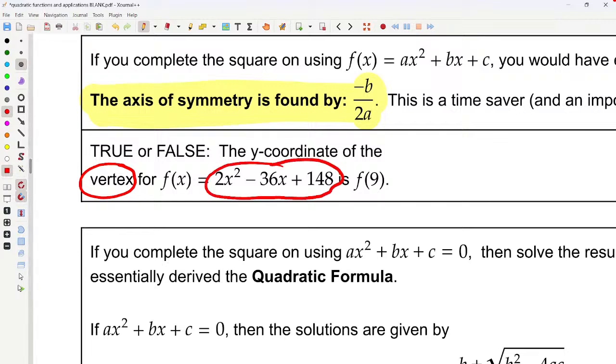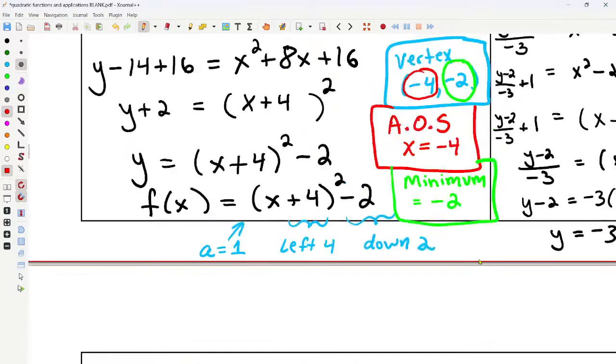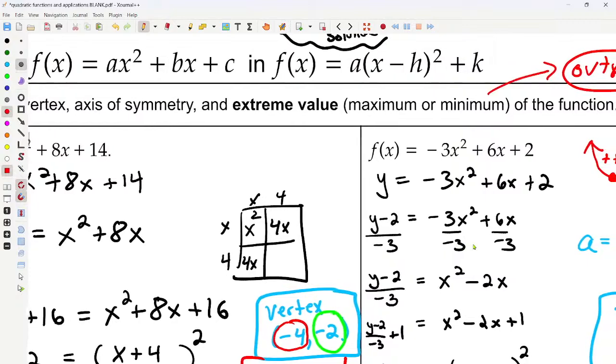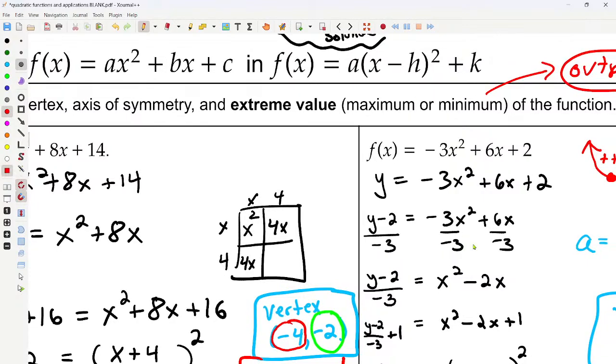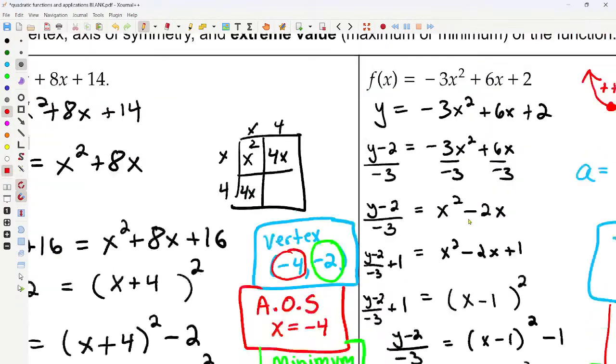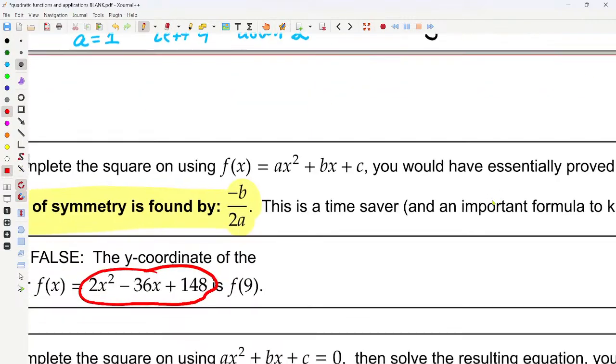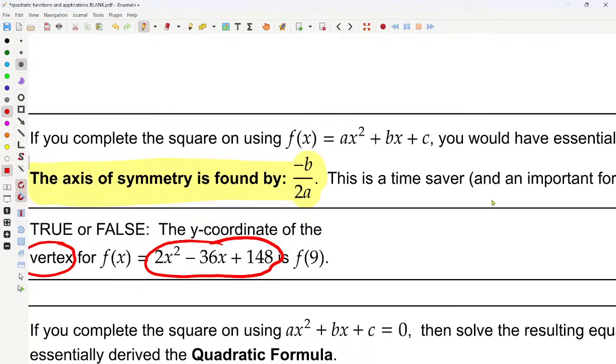It's not in vertex form. It's in standard form. Let me use the time saver. Let me find the vertex. So the axis of symmetry is opposite of b over 2a, which is positive 36 on top of 4, which is 9.